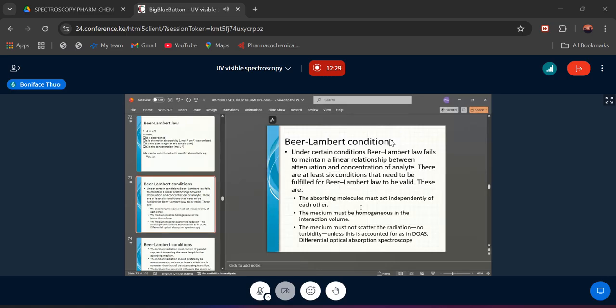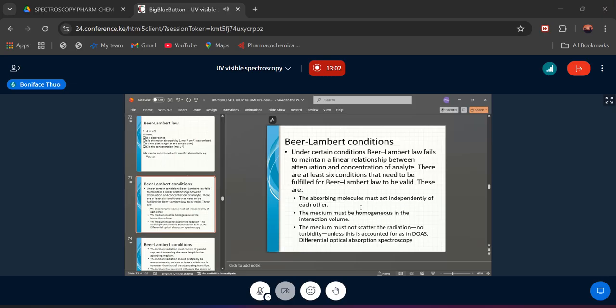So that means that the ability of a molecule to absorb is not affected by the state of the neighboring molecule. When the molecules are acting independent of each other, then the law is able to hold within that particular condition.